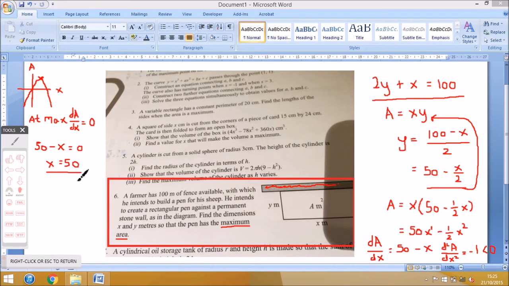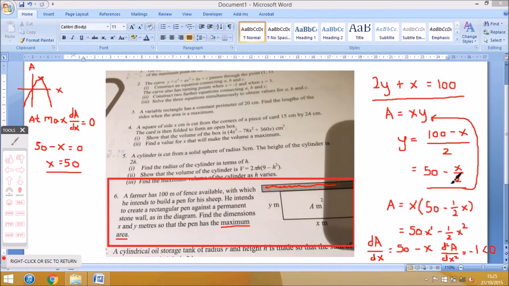So this is the value which maximizes the area. If we go back to the length of the fence, remember the length of the fence is 2y + x = 100. When x is equal to 50, y will be equal to 50 − x/2.